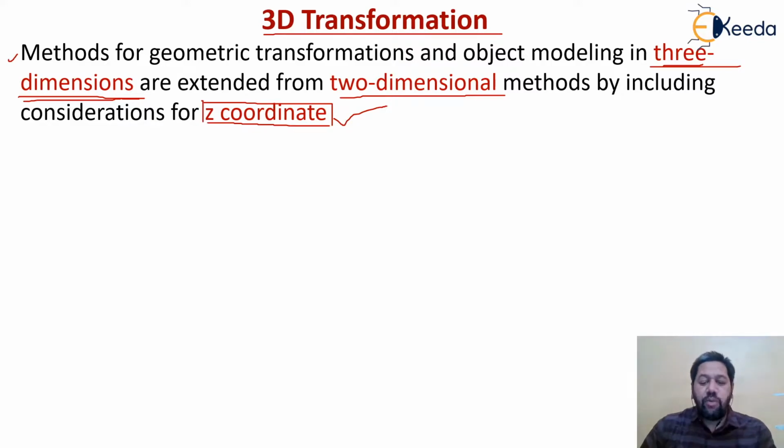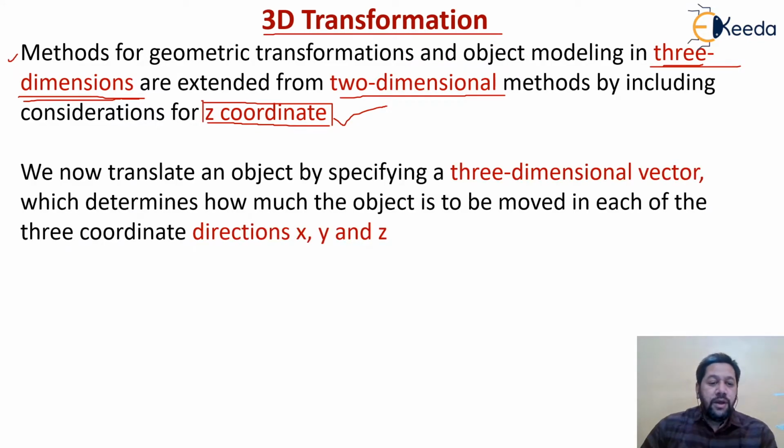Now we translate an object by specifying a 3 dimensional vector which determines how much the object is to be moved in each of the 3 coordinate directions: in x direction, in y direction, and obviously in the z direction.